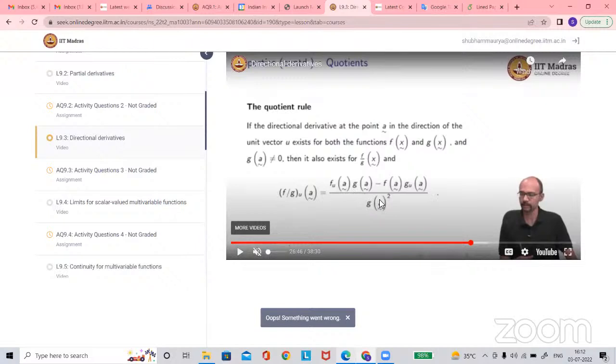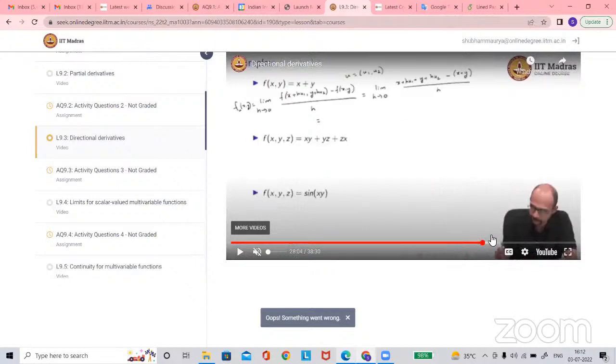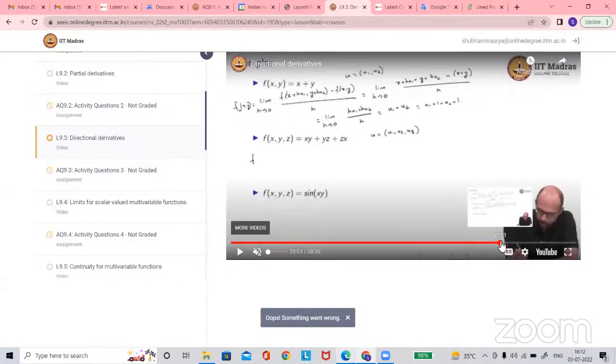Where is the last portion? The examples are the next part: f(x,y,z) is equal to sine xy, the last example.